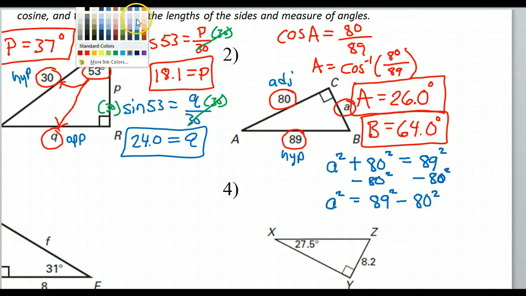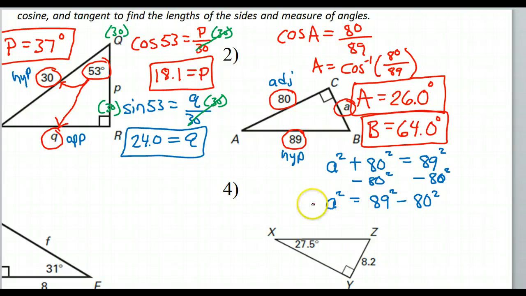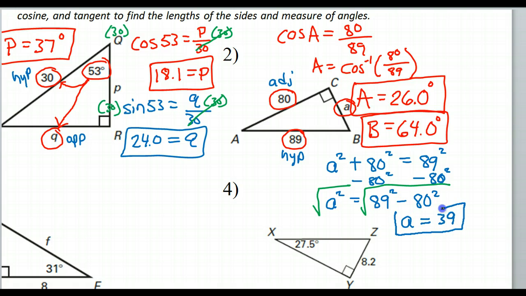Then I take the square root. If I take the square root of both sides, that's going to give me A equals 39. So those are the three things that I needed right there.